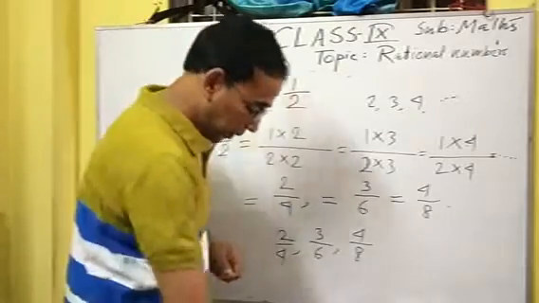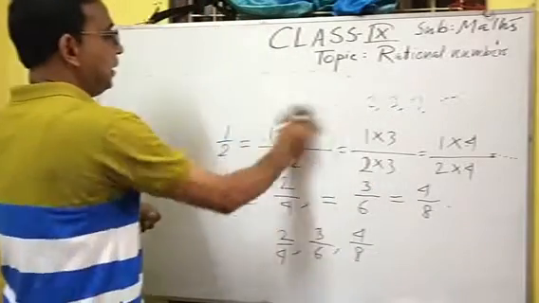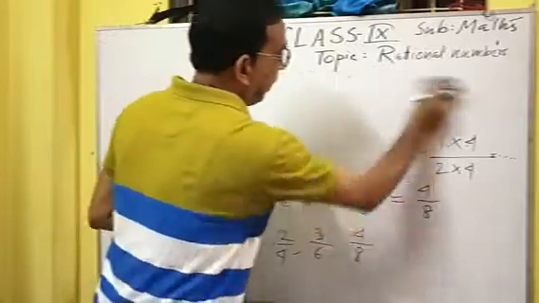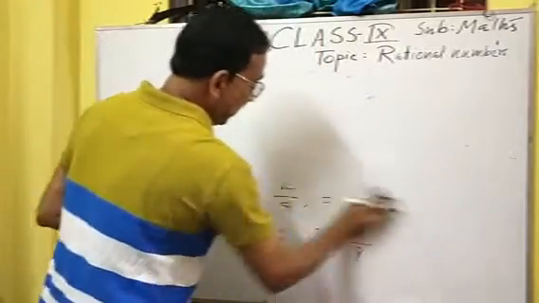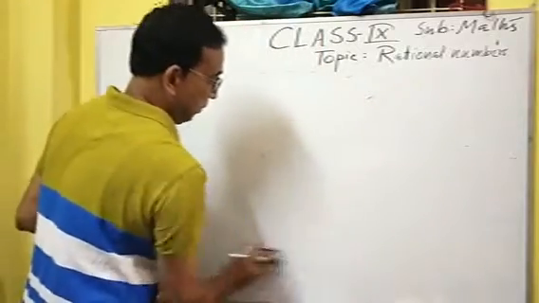Okay. Now, I shall discuss the simplest form of a rational number.